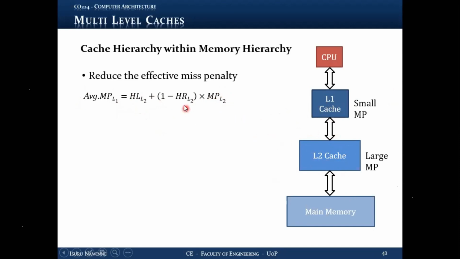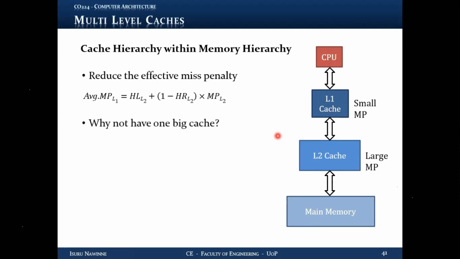So if we can have a good hit rate in level 2, then you can minimize this factor and really reduce the miss penalty experienced by the top level cache. So that is another step you can use to get better performance by reducing the effective miss penalty.